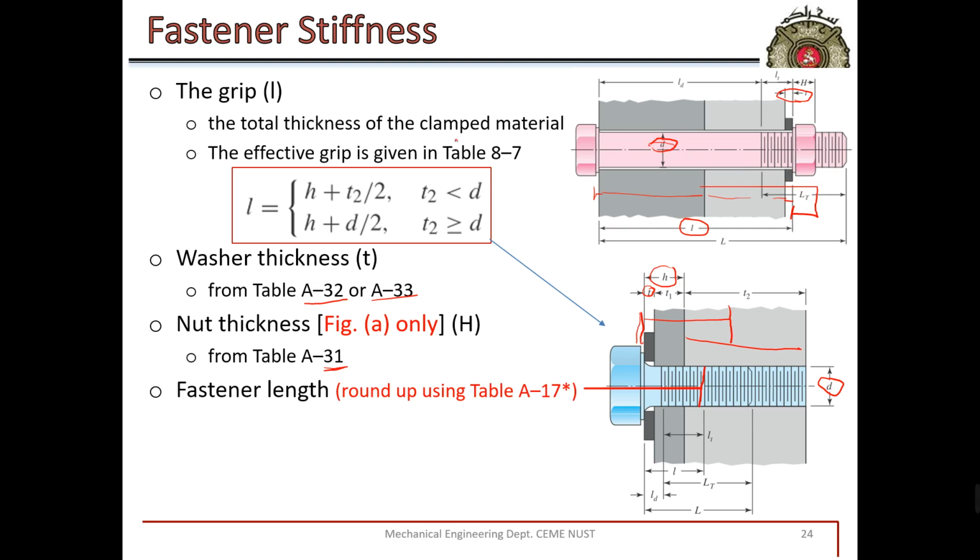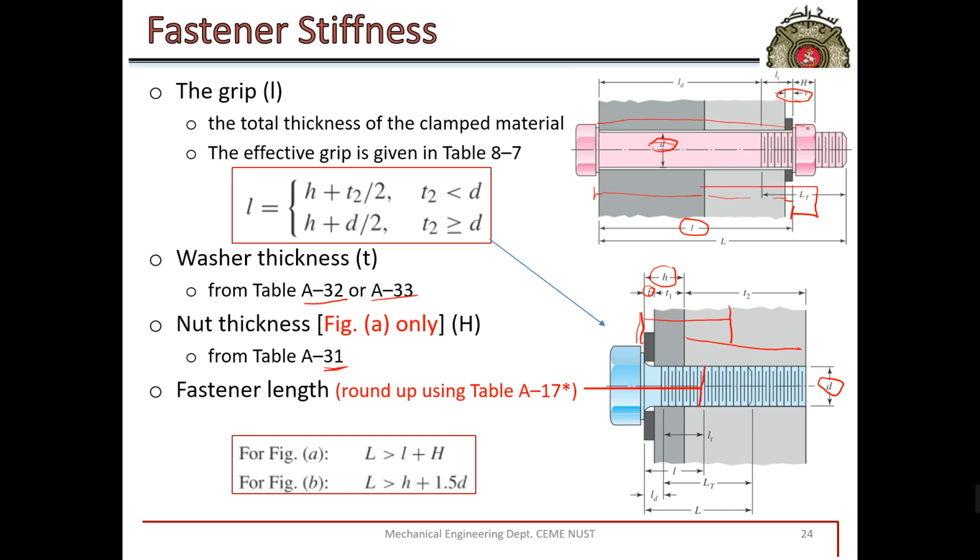Also, fastener length. If you have all these values, you can just calculate the fastener length for figure A. For figure A, this is equal to L plus H. This L is the grip from this point to this point. This is the grip.